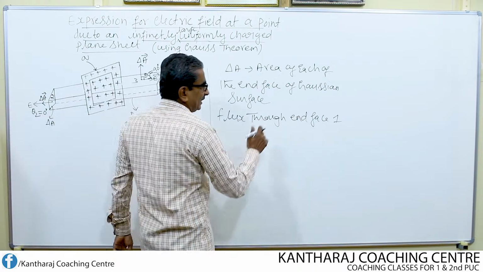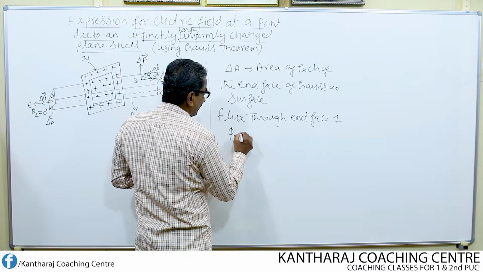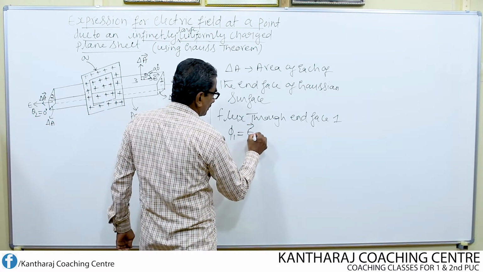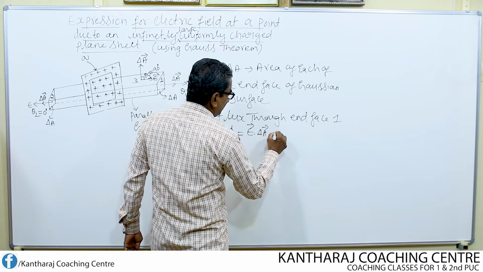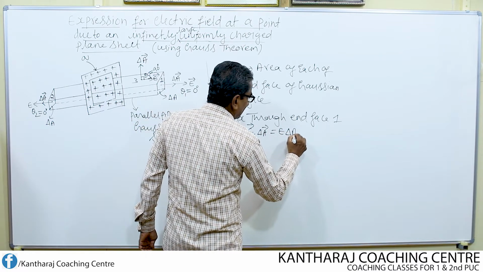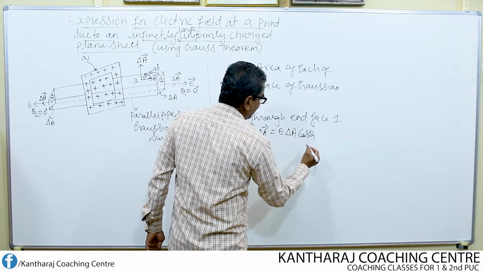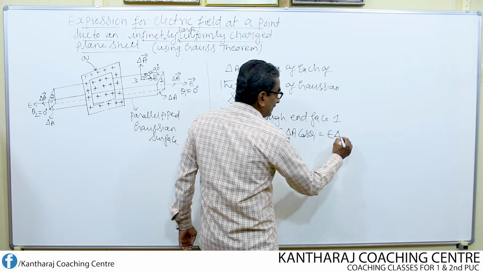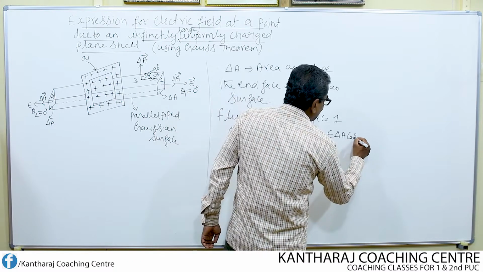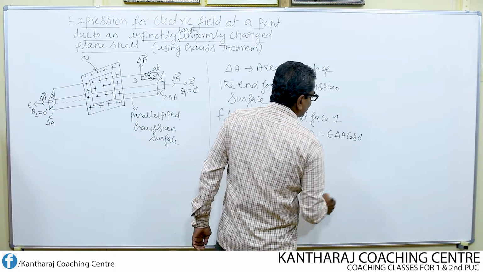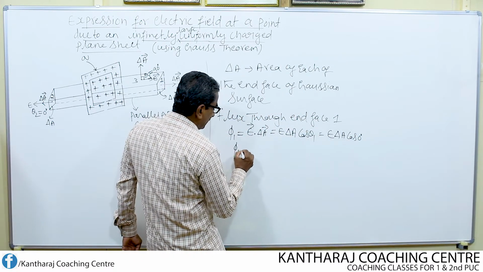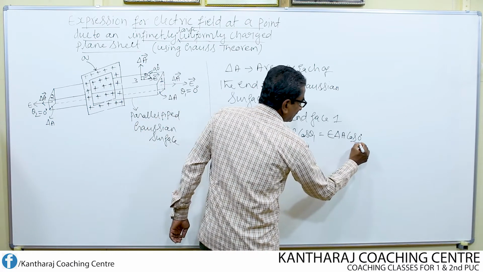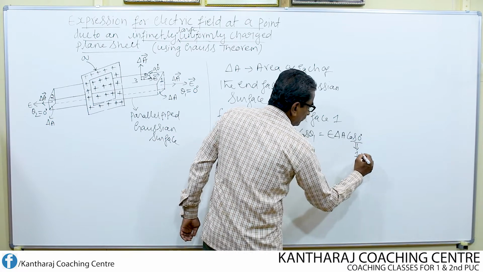Therefore, the flux through end face 1, I take this as phi 1 equal to E dot delta A, which can be written as E into delta A into cos theta 1. Theta 1 is 0 degrees. That means phi 1 becomes equal to E into delta A, because cos 0 is equal to 1.